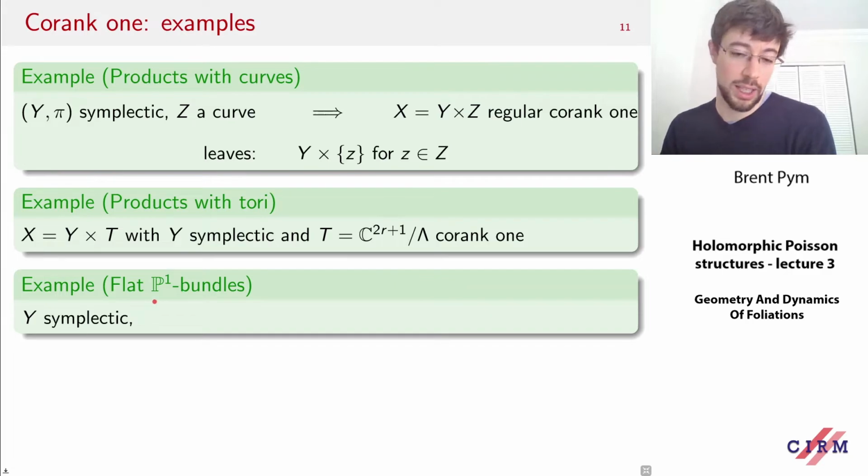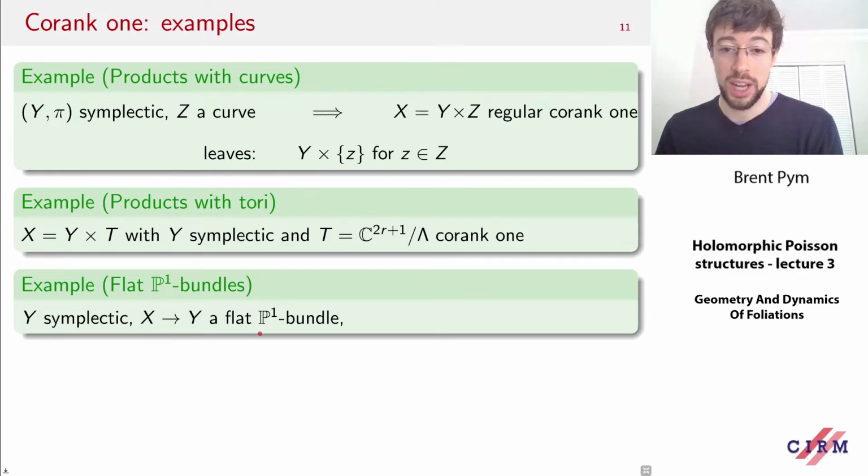And then a slightly more sophisticated example, which is still somehow in the same flavor, is a kind of twisted product where I start with a symplectic manifold again. And now, instead of considering a product with a curve, what I consider is a fibration, which is a P1 bundle equipped with a flat connection.